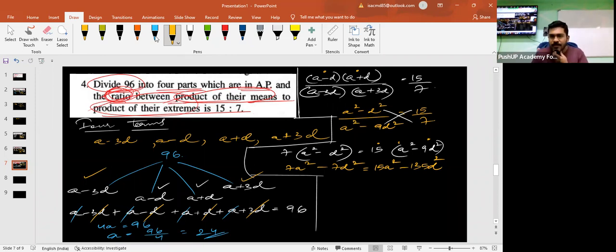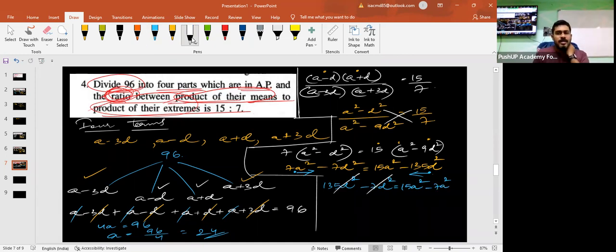I'll bring 7A square to the right hand side, and I'll bring minus 135D square to the left hand side. You all know how to do it, so you can just solve it. So it becomes 135D square minus 7D square is equal to 15A square. When 7A square goes to the right hand side, it becomes minus 7A square. Now, what is 135D square minus 7D square? 128D square, which is equal to 15A square minus 7A square, which is 8A square.